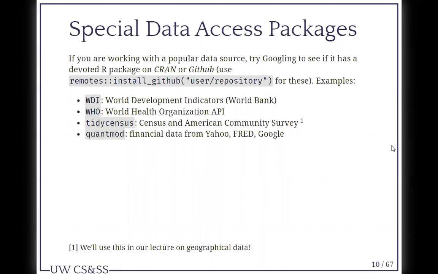I want to direct your attention to one neat thing about R being open source and lots of people having it: if you're working with a popular data source, just try Googling it to see if it has a devoted R package already on the CRAN or on GitHub.